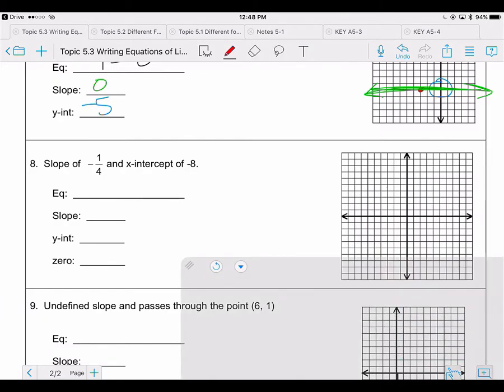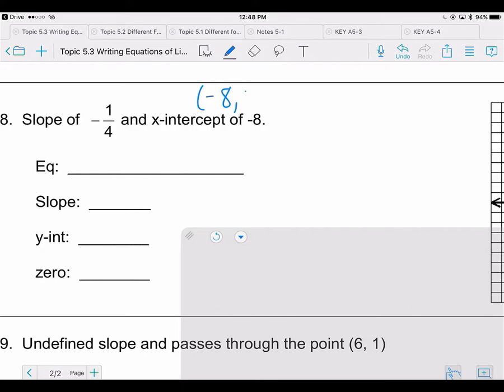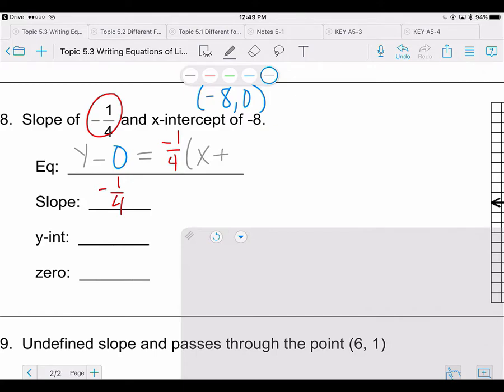So for problem 8, we have a slope of -1/4 and an x-intercept of -8. X-intercept means this point. So let's go ahead and plug into our point slope equation. Y minus 0 equals my slope, which is -1/4, x, opposite sign of my x point.